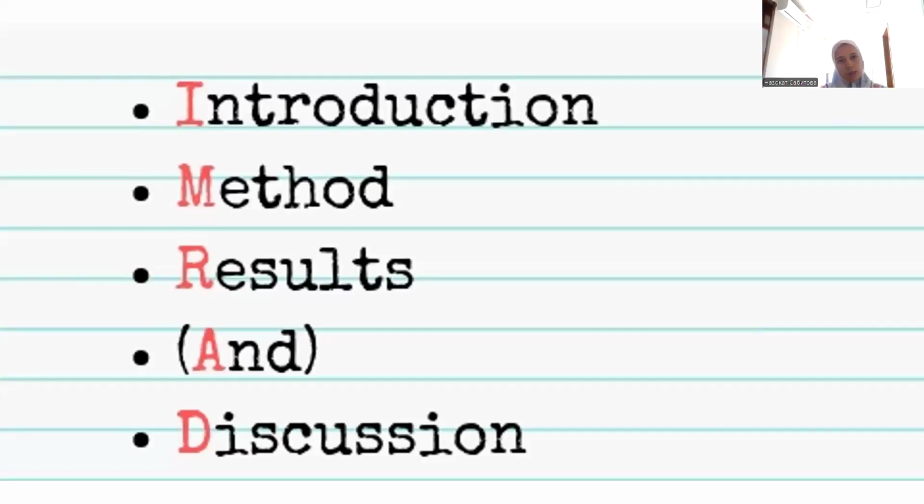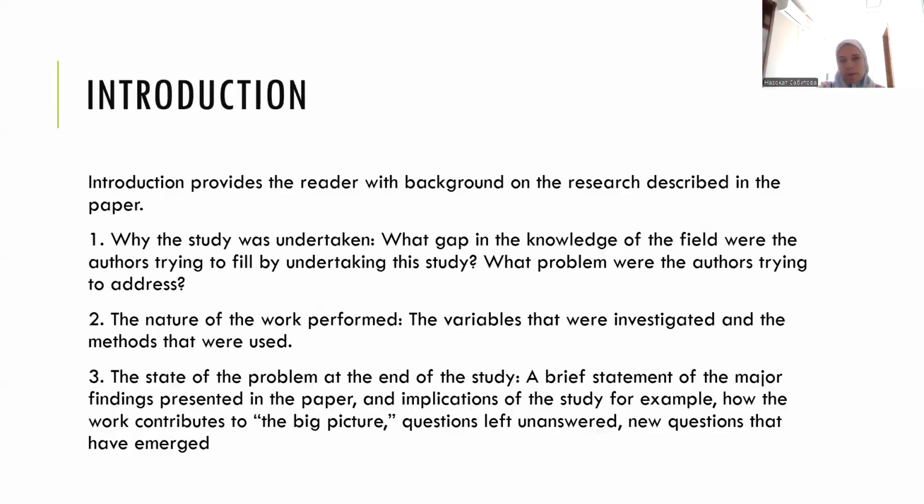IMRAD, so introduction, methods, results and discussion, are the main parts of our research paper. So the introduction is all background information, yes? The introduction provides the reader with a background on the research described in the paper. So what's happening, for example, globally, yes? And what's happening in your city, maybe in your current living area, and so on.